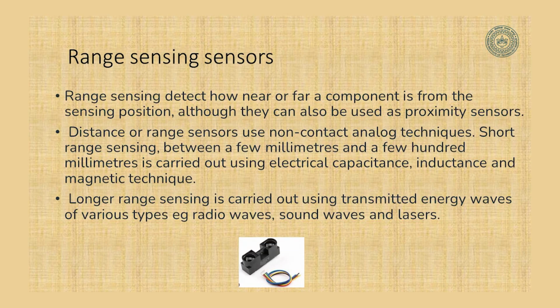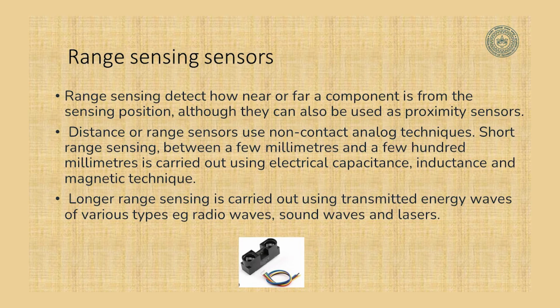Then we have range sensing sensors. Range sensing sensors detect how far or near a component is from the sensing position, and they can also be used as proximity sensors. They typically use non-contact analog techniques.